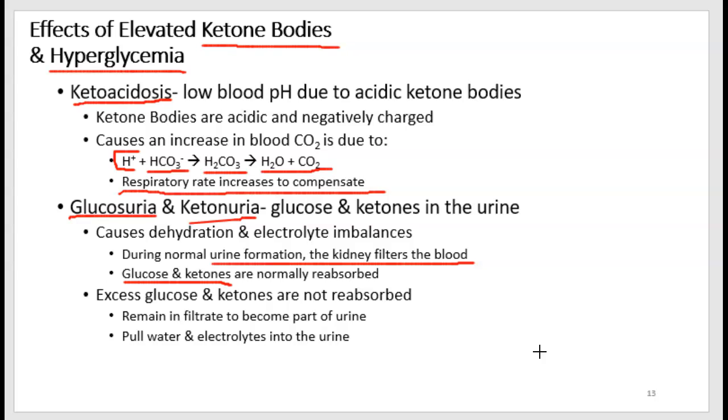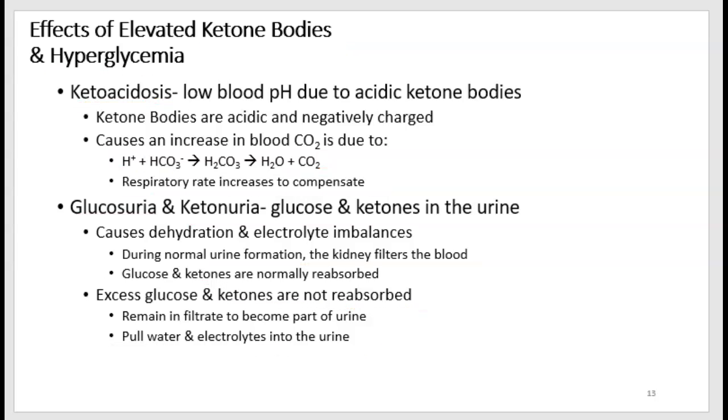The kidney always tries to keep what's good and get rid of what's bad. So these are energy sources, and normally the kidney does reabsorption. Well, there's just too many. So the kidney cannot reabsorb all of the glucose and ketones, and that pulls water and electrolytes out of the blood. So you lose a lot of electrolytes and water when you have hyperglycemia.